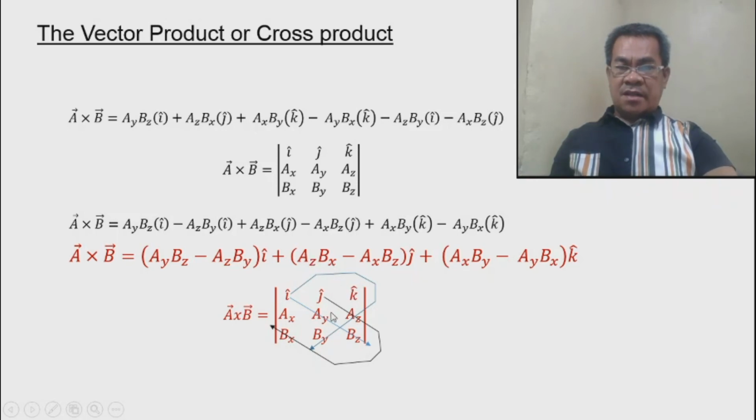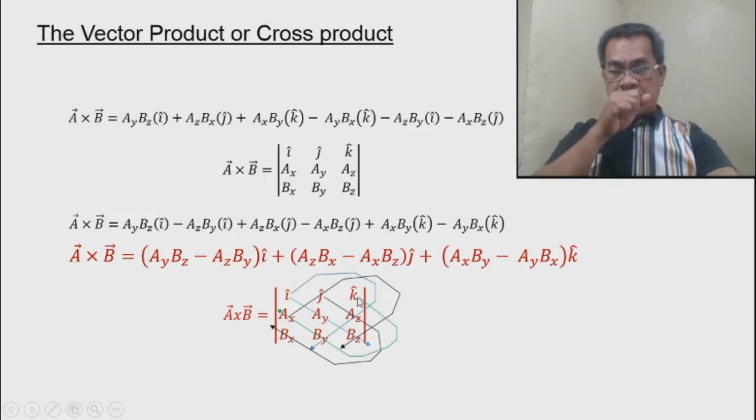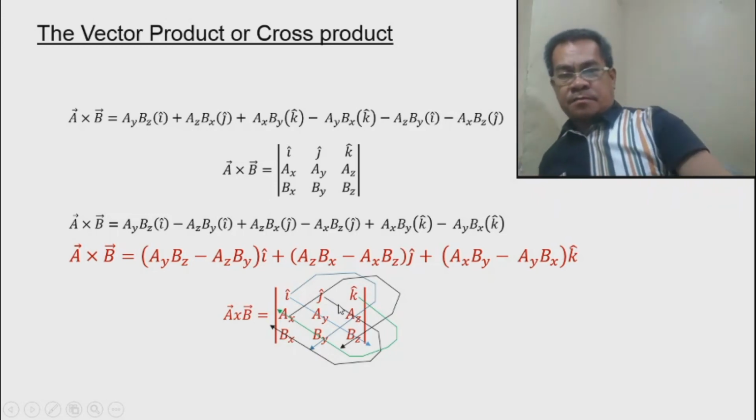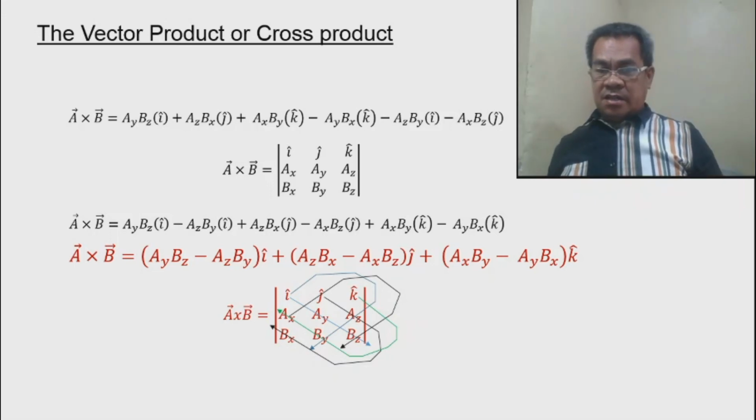Then the reverse is AX BZ. So we have already the second term for our answer. Simplify, then that's it. Then our last term for the answer is this one. The first diagonal is positive: K, or AX BY.